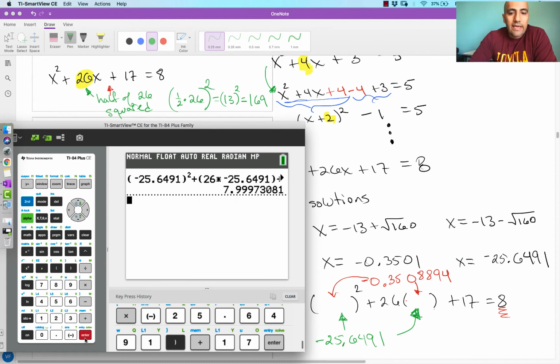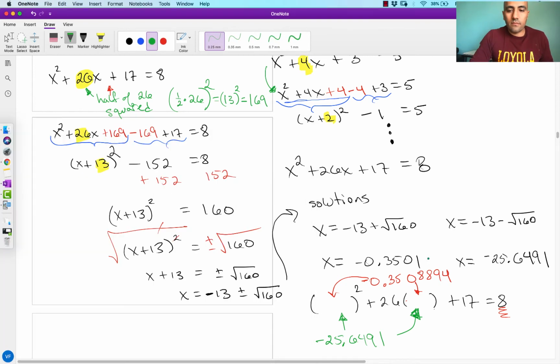Enter, and again, very close to 8. So definitely we've confirmed that we have our two solutions. Okay, so we've established that this is one solution to our equation, and this is another solution to the equation.